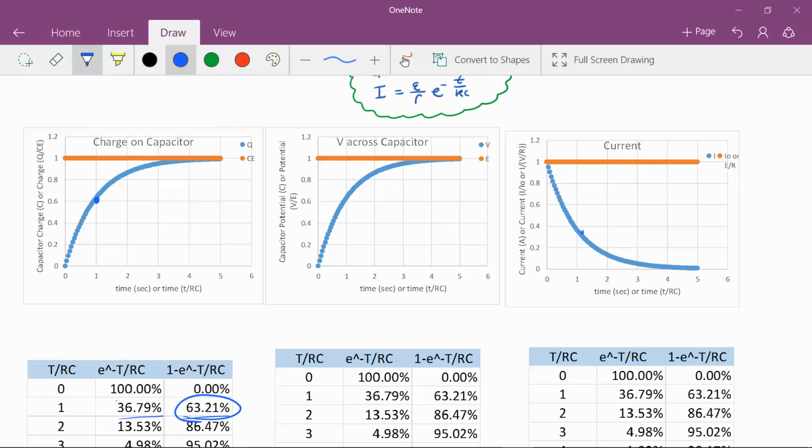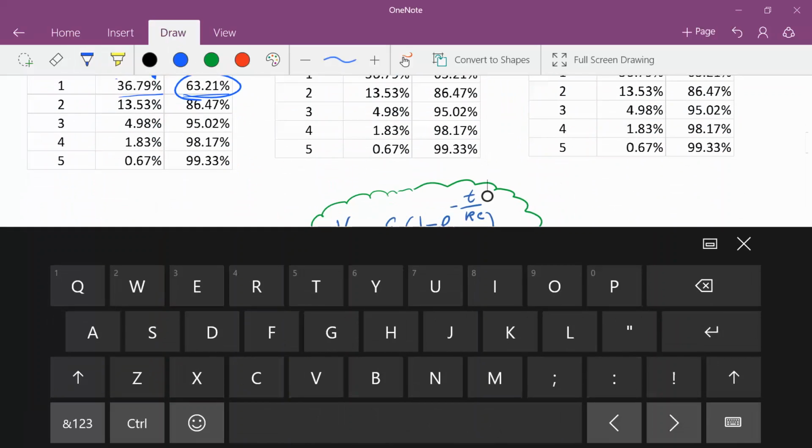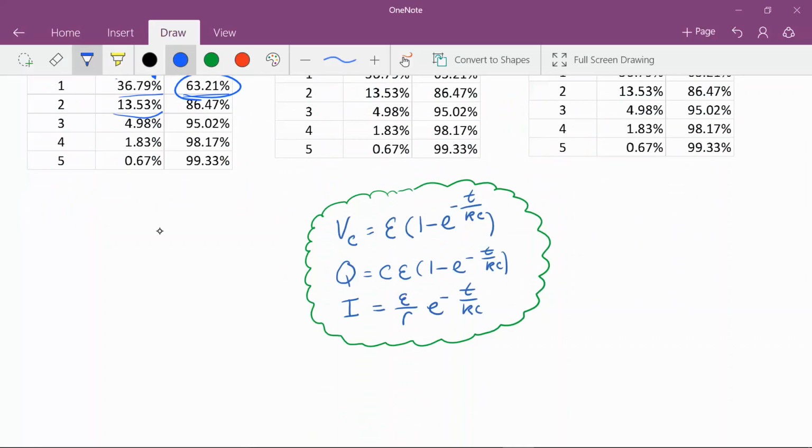Where did that number come from? That number came from 1 over e. So this is 1 over e. This is 1 over e squared. This is 1 over e cubed, etc.